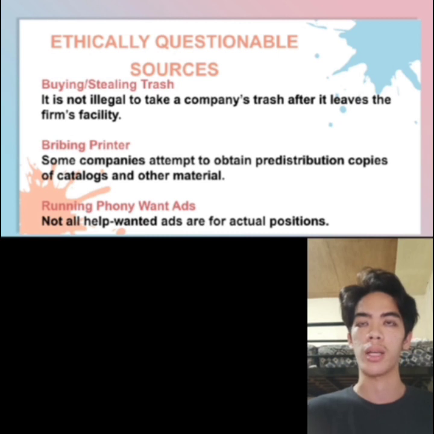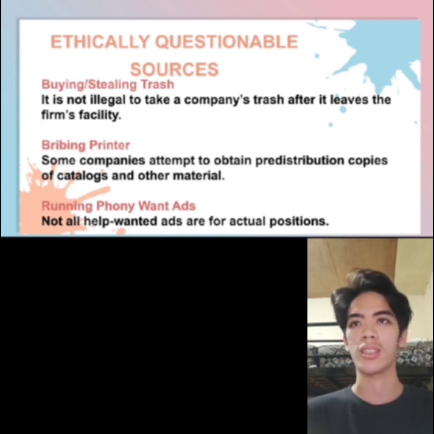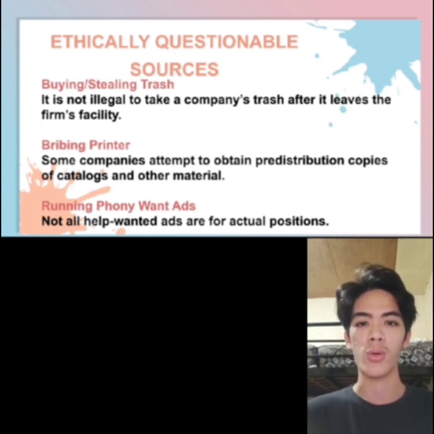Kasi dito naman sa bribing printer, parang nagbabribe ka ng employee or kaya ng malapit dun sa kumpanya, parang employee na rin siya, para lang makakuha ng mga documents or information galing dun sa company or competitor nyo. Unethical rin yun.